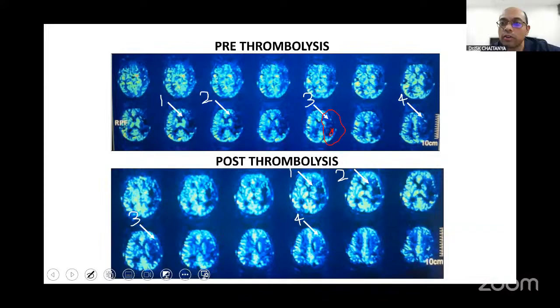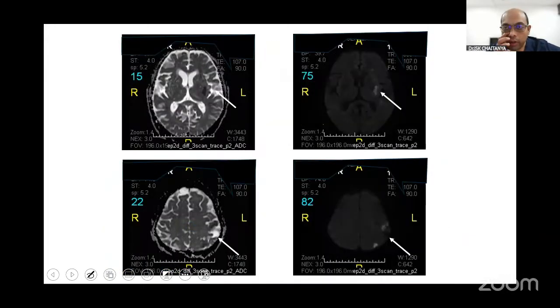Based on this, we take our call that revascularization is essential here. This particular patient underwent thrombolysis because there were some challenges for intervention at the time. Two days post thrombolysis, when we did an image, we could see the diffusion restriction confined only to these particular areas. The whole area which we showed was at risk of getting infarcted has been saved.